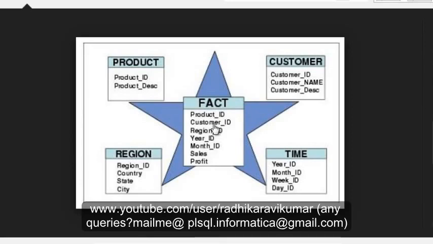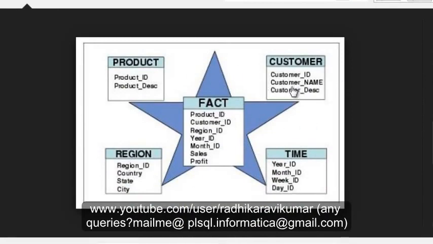Whichever is aggregated data or a summary is called a fact, like sales, profit, sum of something, or salary. Coming to the dimension tables, you can see customer, time, region, product, everything is a dimensional table.